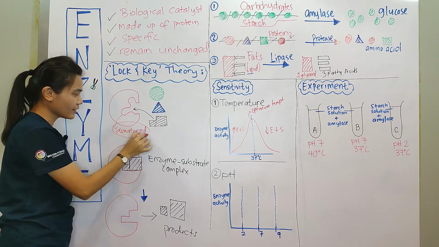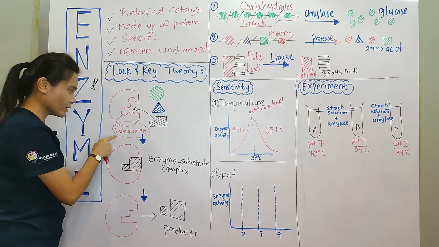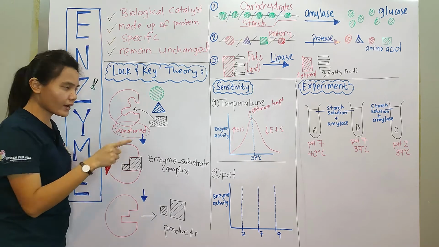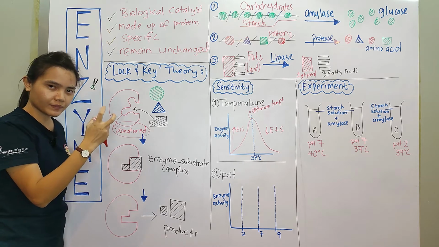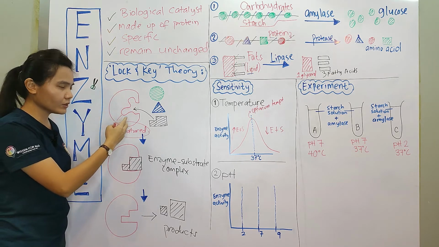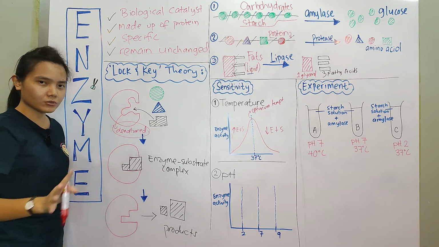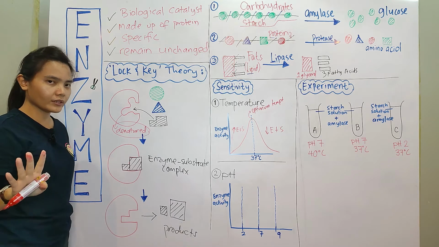This is the word that the examiner wants. You have to answer this one, denature. What is denature? Denature is when the active site of the enzyme changes. It will not go back to the normal shape. So this one cannot be used anymore and it will be broken down then.